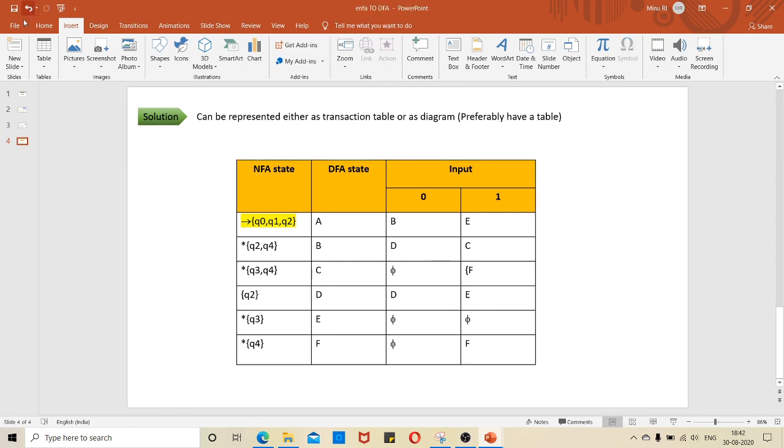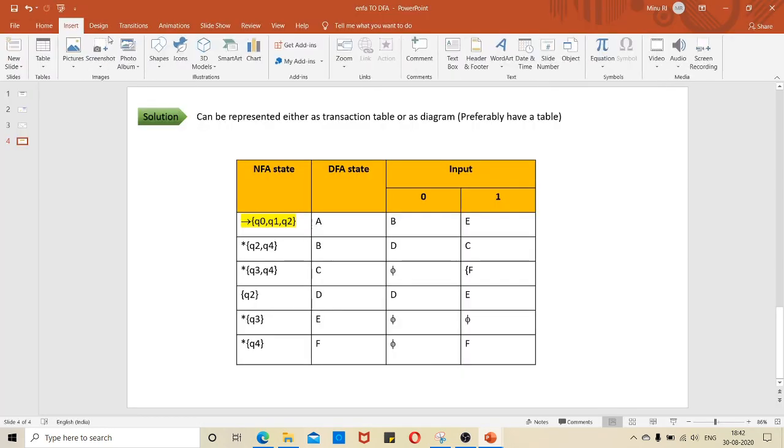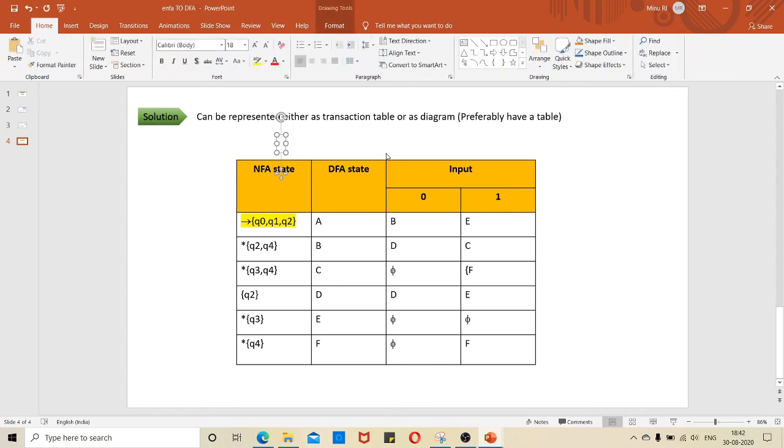Here, let me write the formal definition for my constructed DFA. My DFA D will have, first, capital Q, the set of states. What are the states I have here? A, B, C, D, E, F. After the set of states, I will get the input.